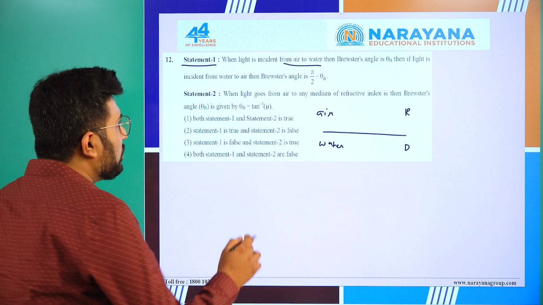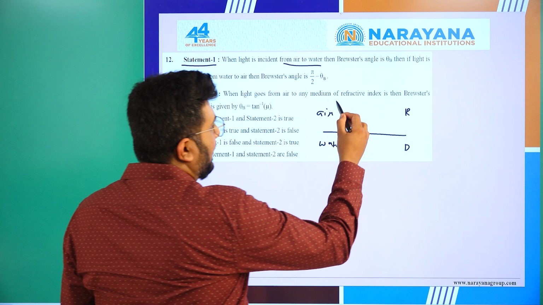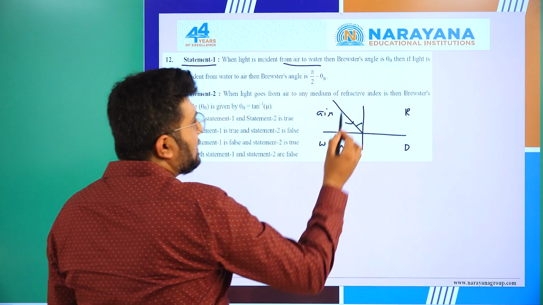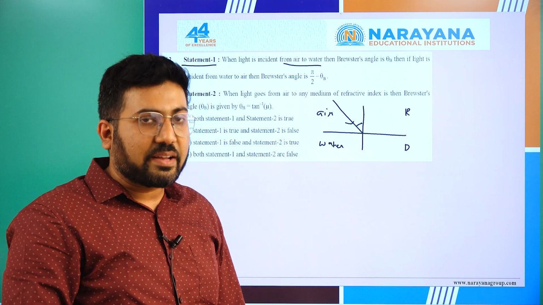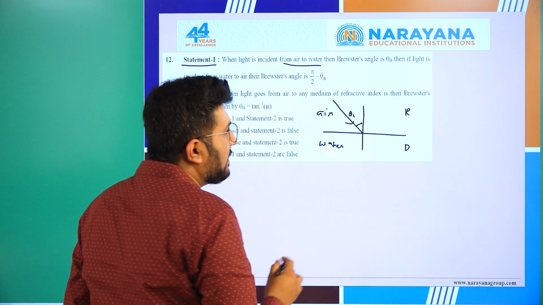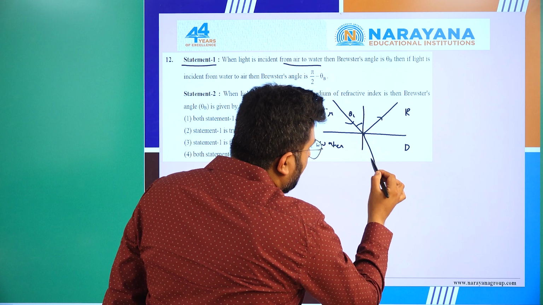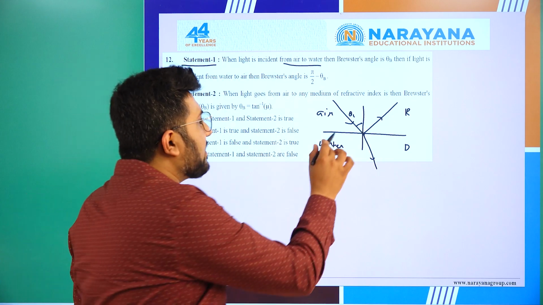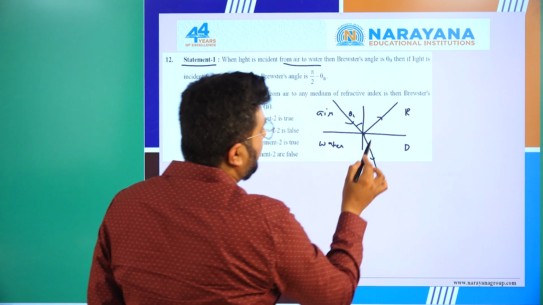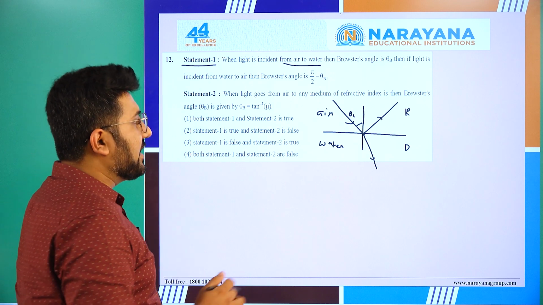Now you know that the Brewster's angle is calculated this way. The Brewster's angle is also called the polarizing angle. Let's say this is the polarizing angle theta I, and we say that the reflected ray is plane polarized if the angle between the reflected ray and the refracted ray is 90 degrees.